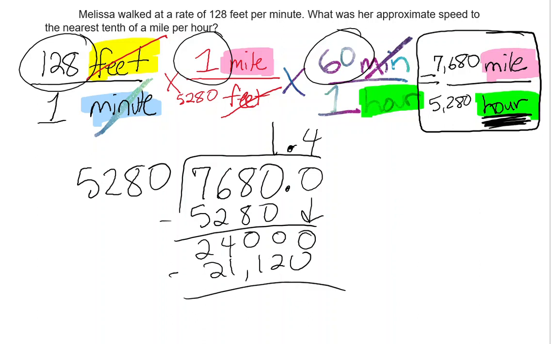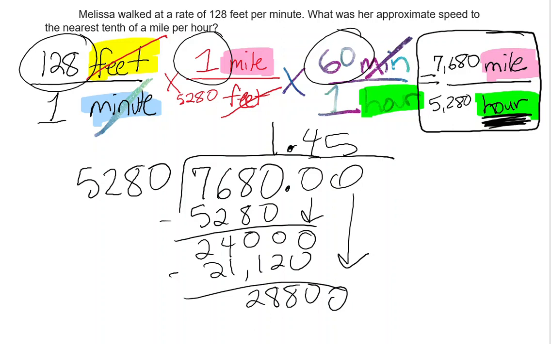Subtract, we get 2,880. I'm going to divide one more time. 5,280 times 5. If we multiply 5,280 times 5, we get 26,400. And when we subtract, we get 2,400.